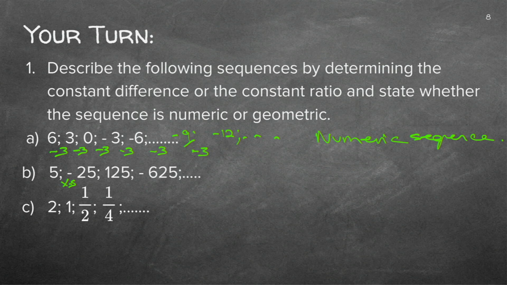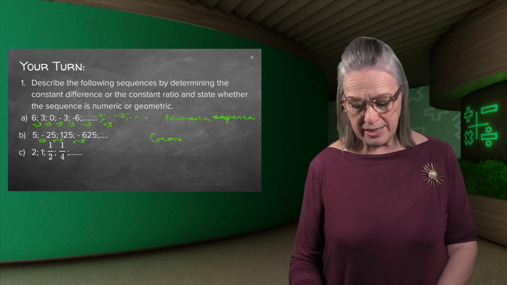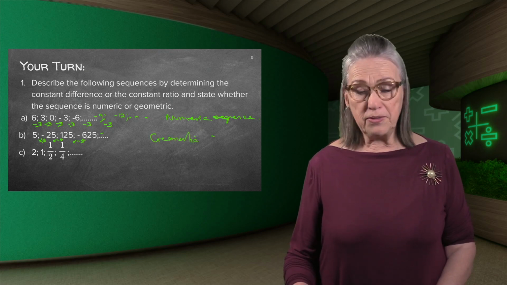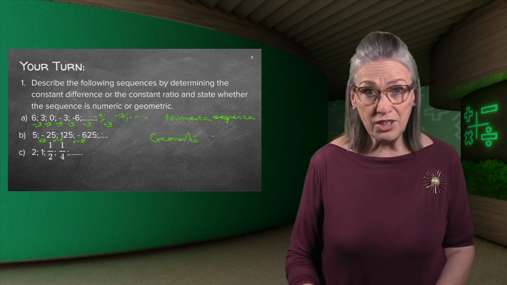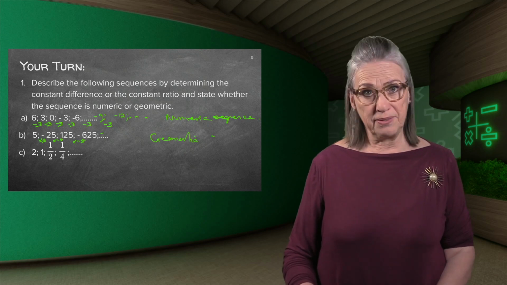Let's see if this will work for the next one. Minus 25 times minus 5 gives us a plus 125. And 125 times minus 5 gives us minus 625. So this is correct. This is a geometric sequence because we've got a constant ratio, and the constant ratio is minus 5.